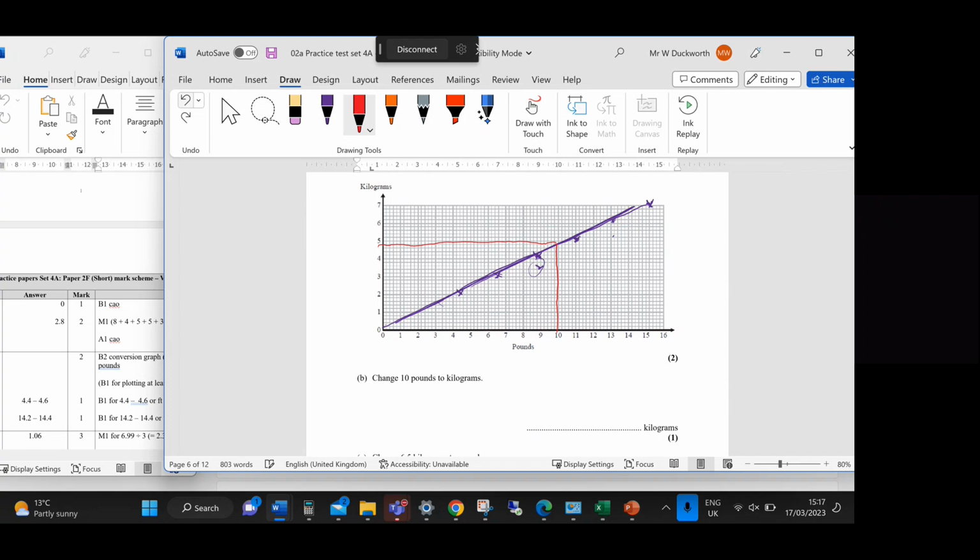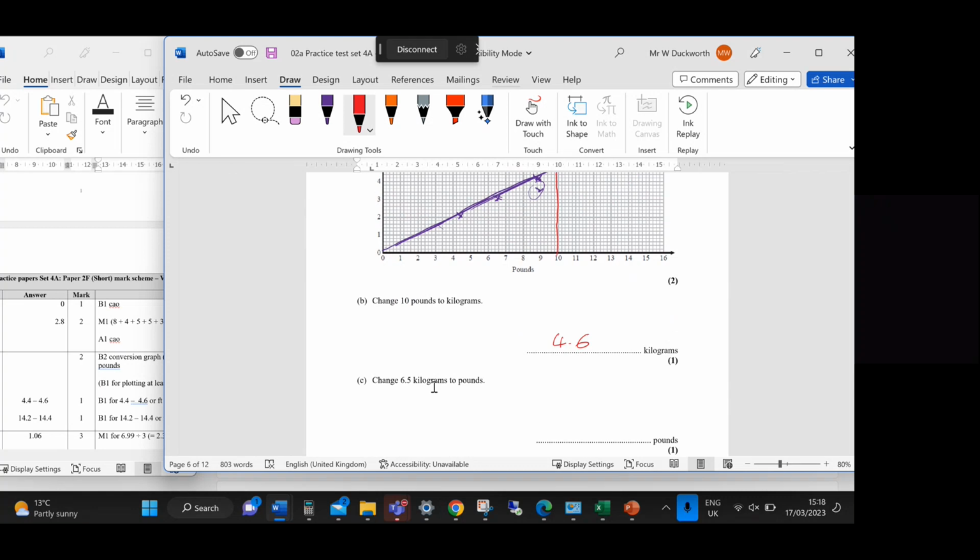So I'm looking at, it looks like 4.8 on my graph. No, it doesn't. It's less than that. 4.6. So 4.6, 4.5. We'll go 4.6 for now.